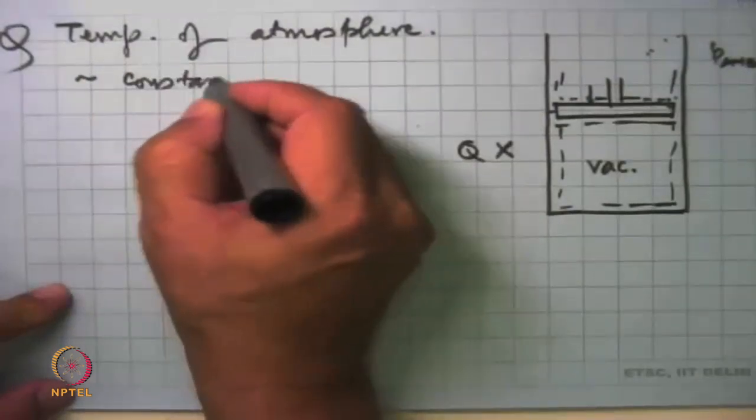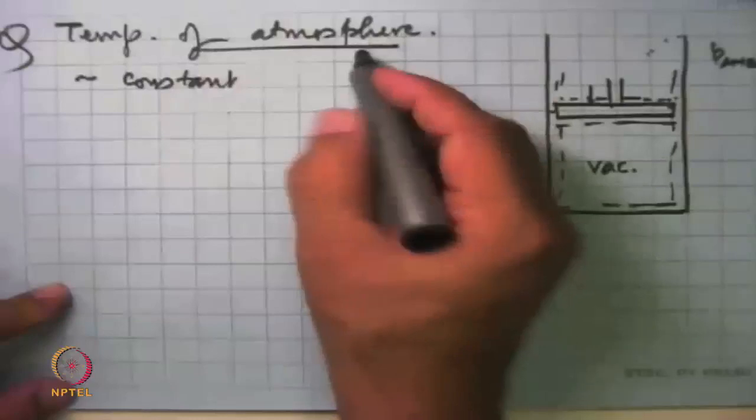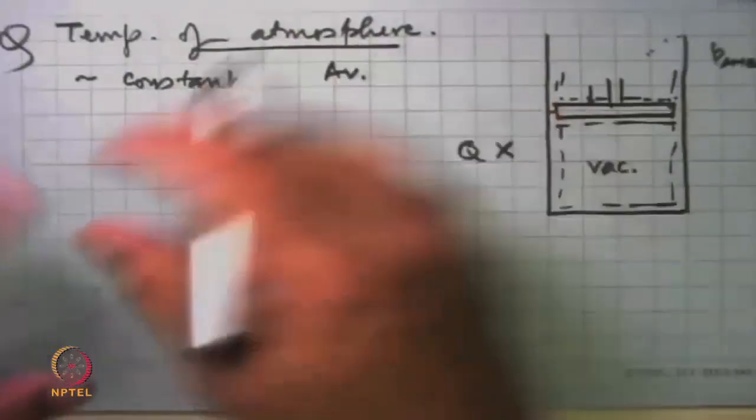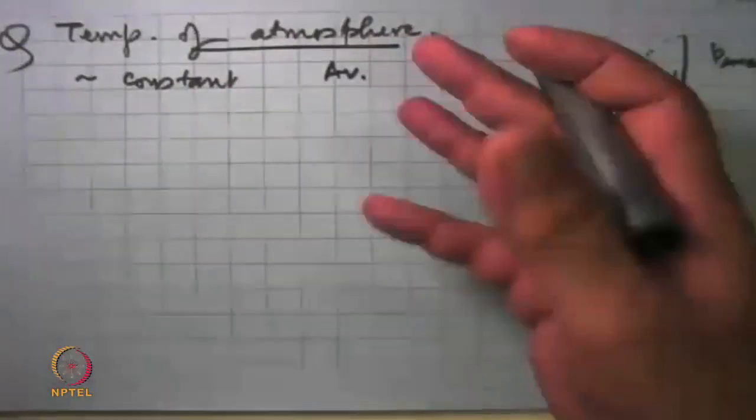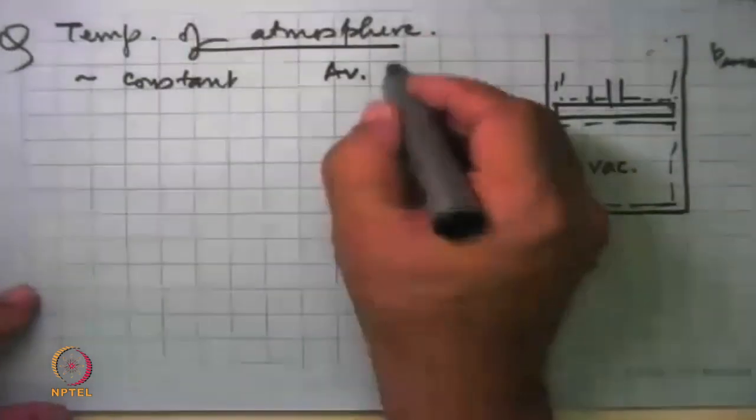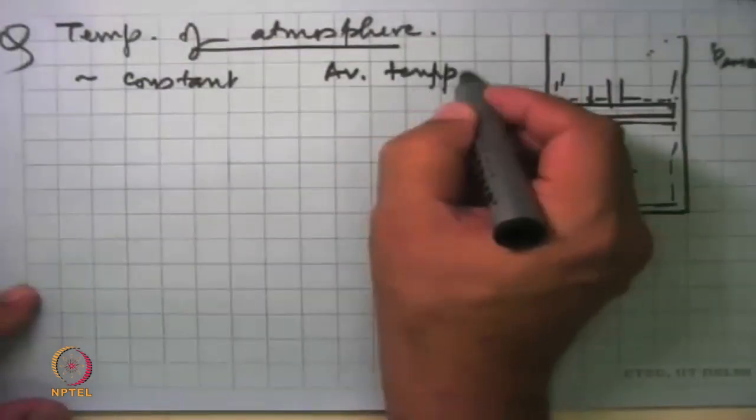It is not even constant, but when I say this, it is some sort of an average temperature at many locations over a long period of time. That is the average temperature of the atmosphere. So it is not at a particular location or anything like that.